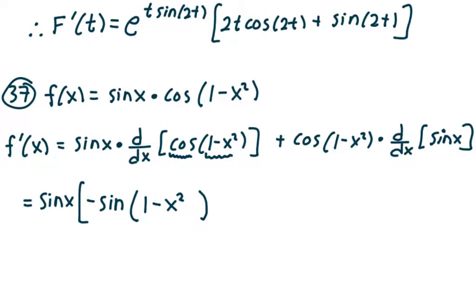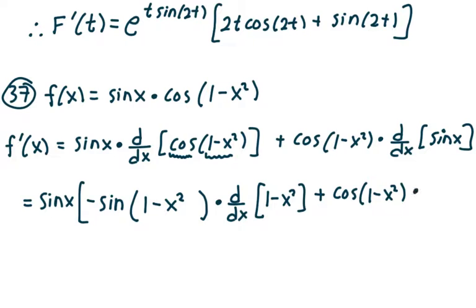And I'm going to take that result and multiply by the derivative of the inside function. So I'm multiplying by the derivative of 1 minus x squared with respect to x. And then I'm going to add cosine of 1 minus x squared times the derivative of sine x with respect to x, which is equal to cosine of x.